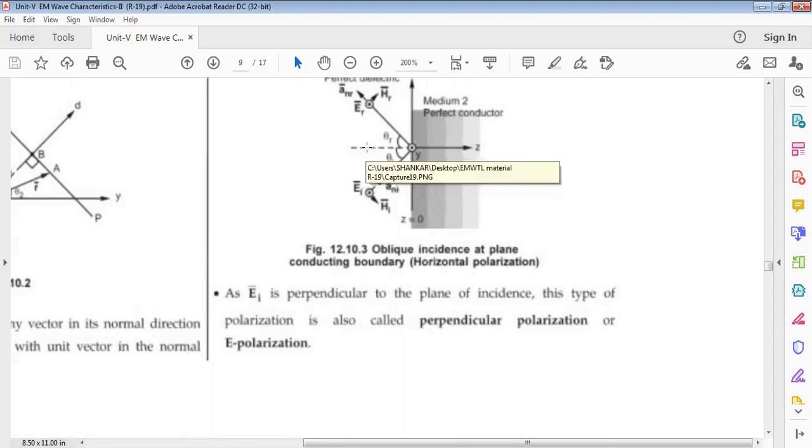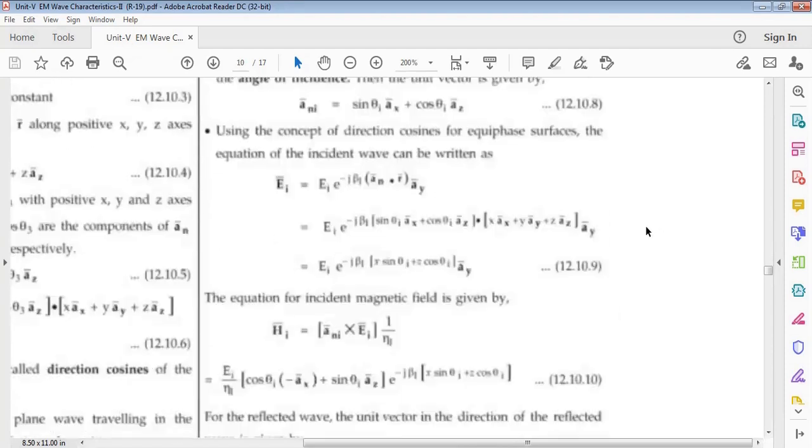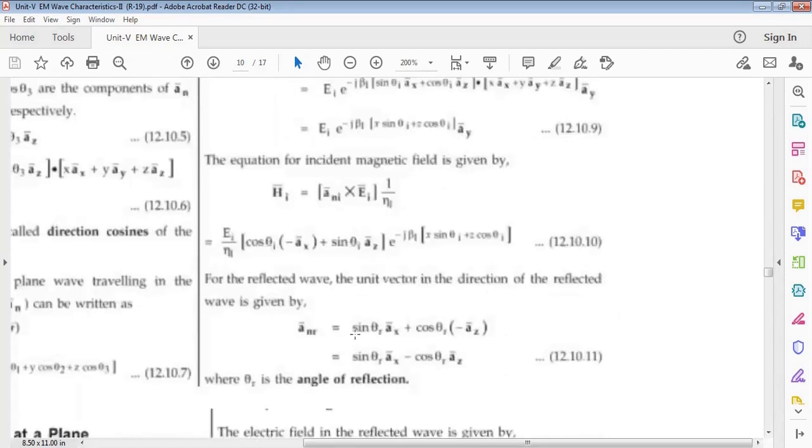So cos theta R into minus AZ bar, sin theta R into AX bar. Okay, sin theta R into AX bar plus cos theta R into minus AZ bar, where theta R is the angle of reflection.